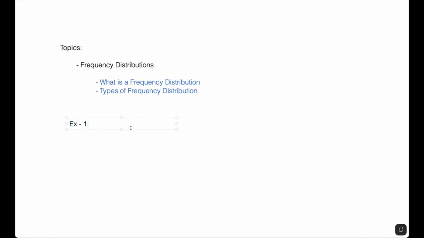So we collect the data of the hair color of individuals in a group, okay? So if we do that, we might get a data set like this.